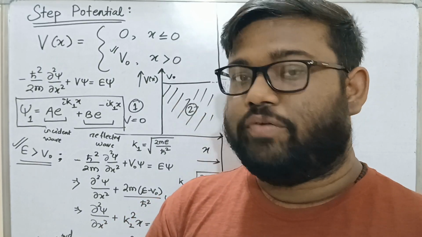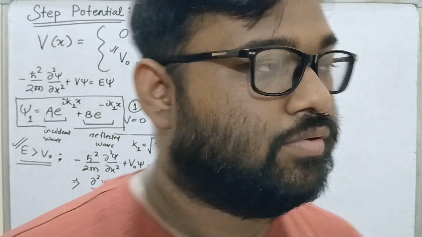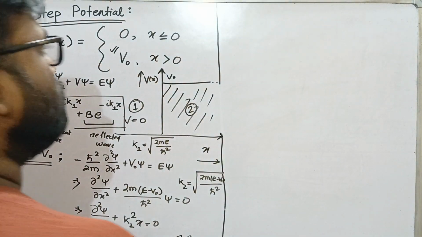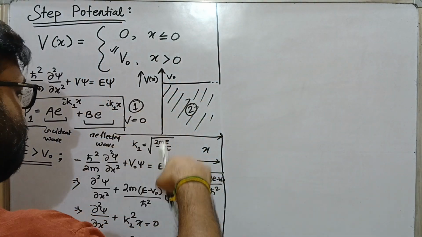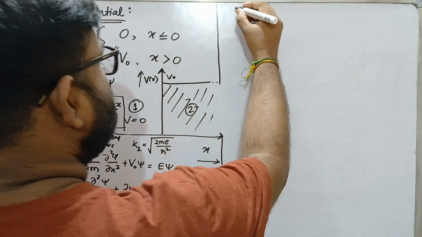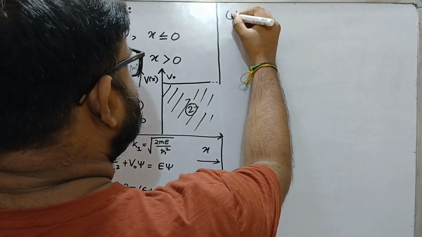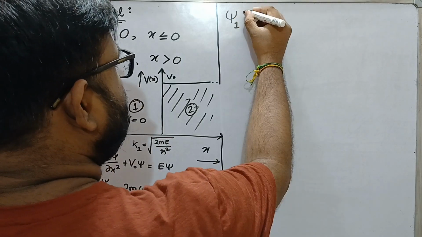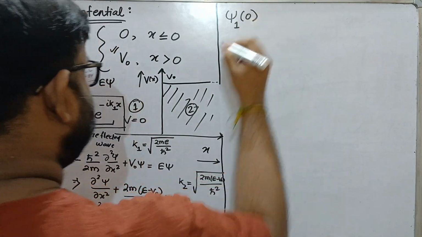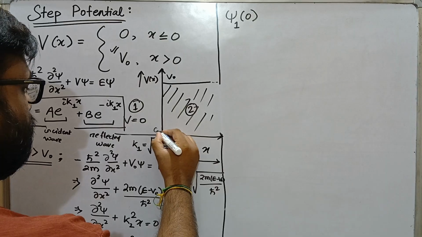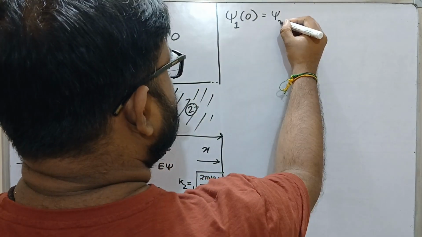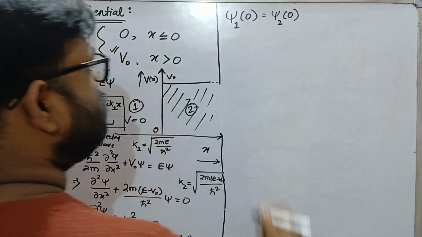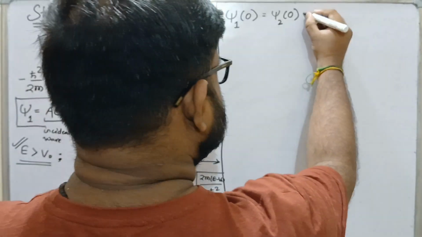So here also we'll have to apply boundary conditions. What are the boundary conditions? The first boundary condition here will be that psi in region 1 at 0, because this is the origin, must be equal to psi 2 at 0. It is very basic.